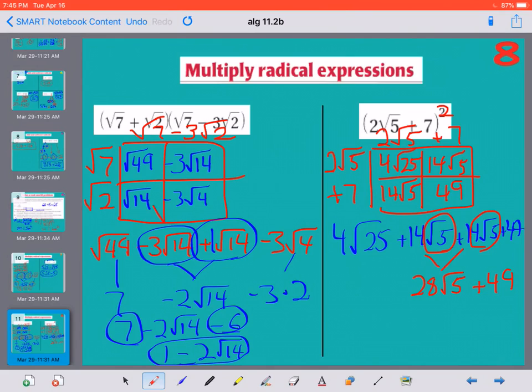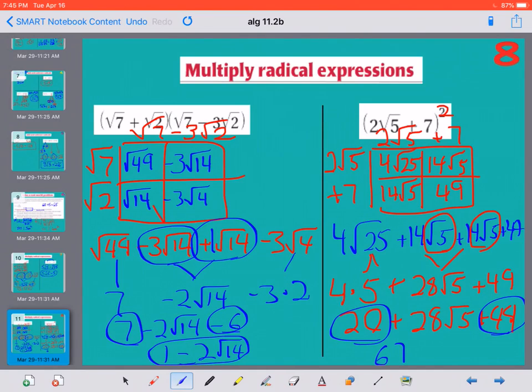And then the square root of 25 is 5, so 4 times 5. So 20 plus 28 times the square root of 5 plus 49. Then I have two like terms, 20 and 49. I add that up to 69 plus 28 times the square root of 5.